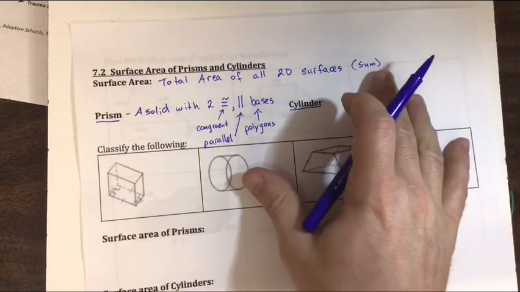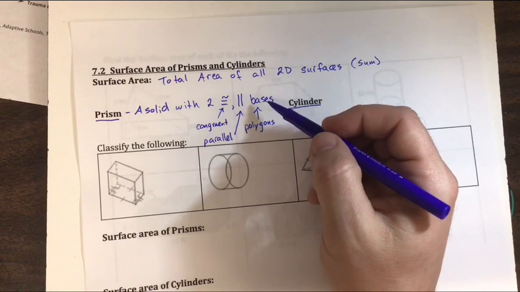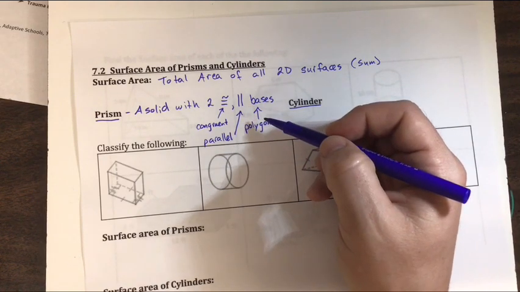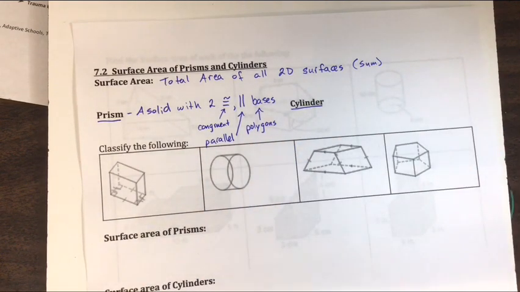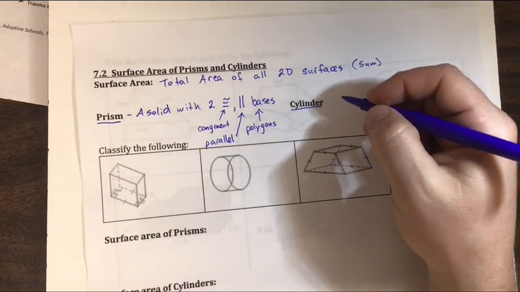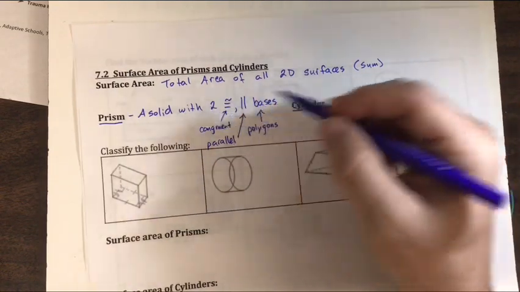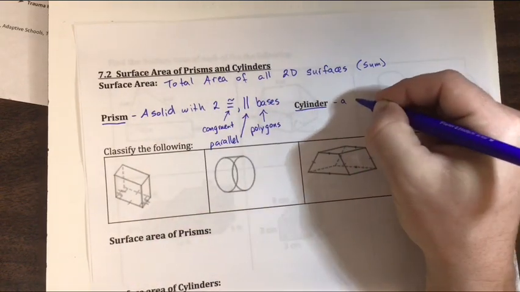All right. So a solid with two congruent and parallel bases, all the other sides that connect those are called faces, and those will be rectangles. But a cylinder, okay, is really just a prism with circular bases.